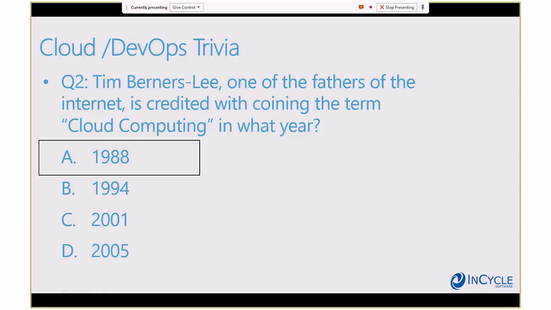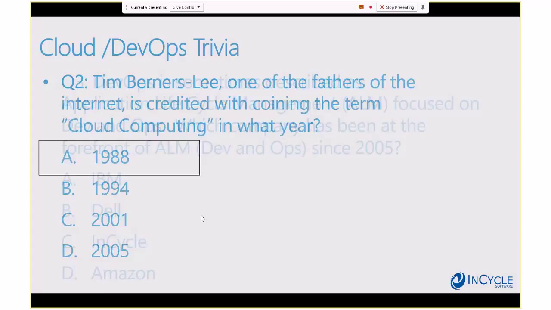The answer is 1988. So the idea of cloud computing has been around quite some time, and here we are today. It's really kind of come all full circle and has really become a reality, and a very ubiquitous reality for most businesses today, and quite frankly for most consumers. Cloud computing is showing up everywhere.